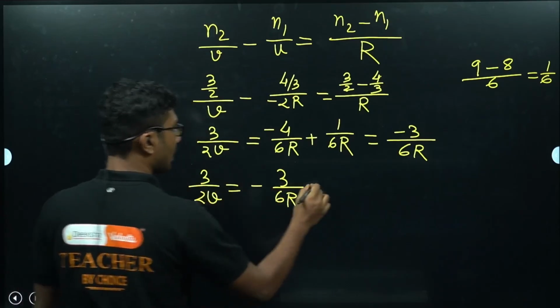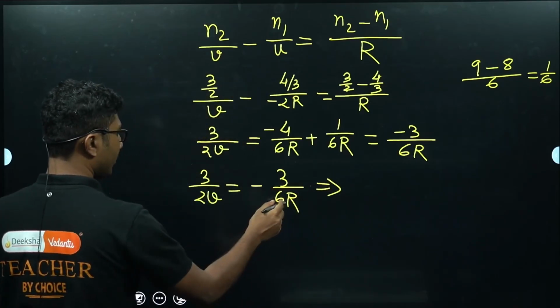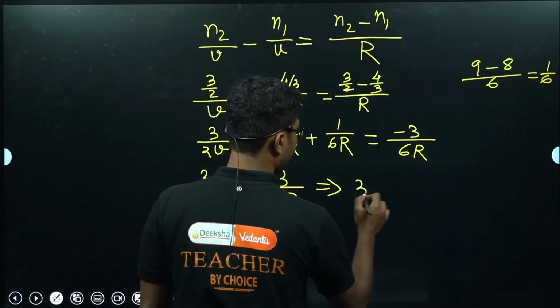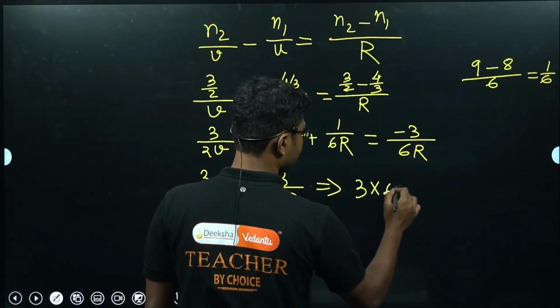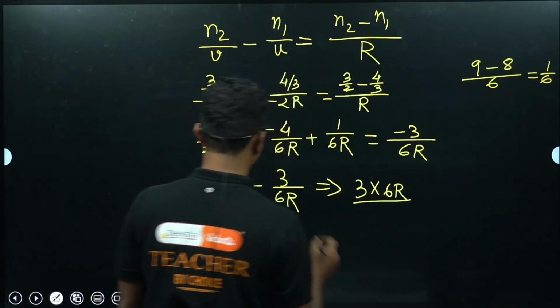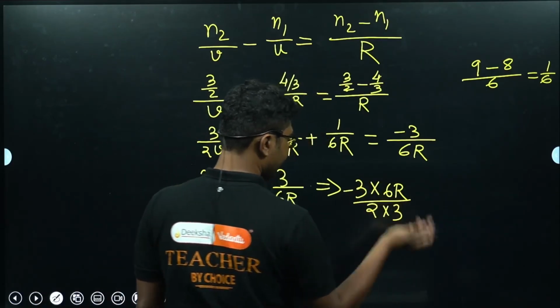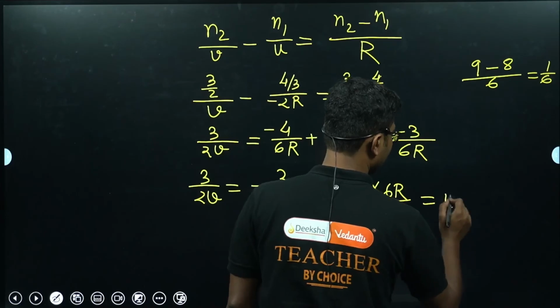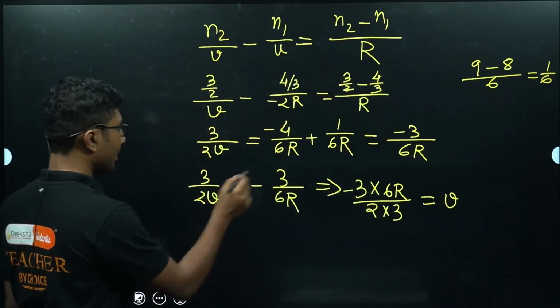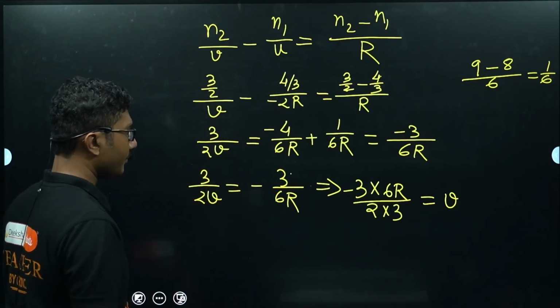Now cross multiply, it will come out 3 times 6r divided by 2 times 3. The negative sign also we are transferring, equals v. So only v we have taken on the other side, everything else comes to the left hand side.